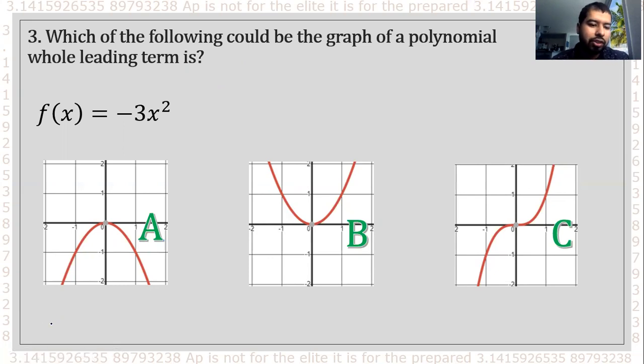Go ahead and pause the video and try this one. That's negative 3x squared. So this is a quadratic pointing down. A quadratic looks like this, but if it is negative, it's now downhill. It's a sad face parabola, right?